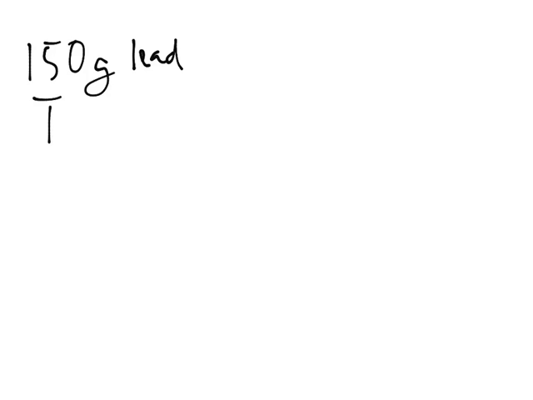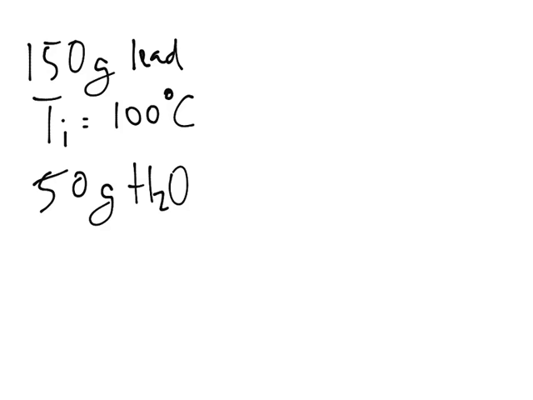Our initial temperature is 100 degrees Celsius. And that piece of lead is added to 50 grams of water, H2O, that is at 22 degrees Celsius. I'm going to write here lead.